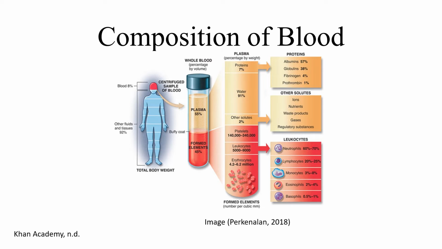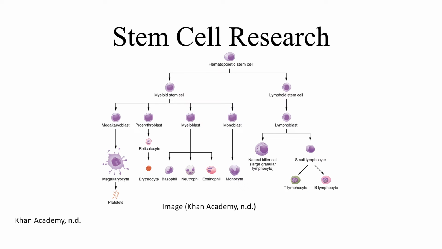Okay, and then your white blood cells, or your leukocytes, consist of neutrophils, lymphocytes, monocytes, eosinophils, and basophils. And all of these help the body fight infection. Oh, I'm sorry, it went to a different slide.